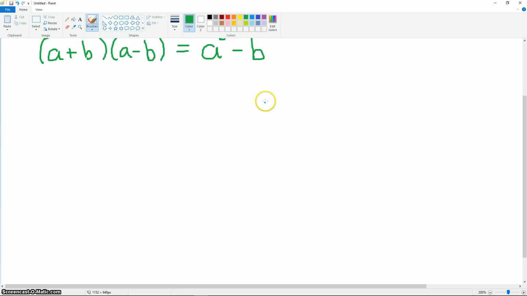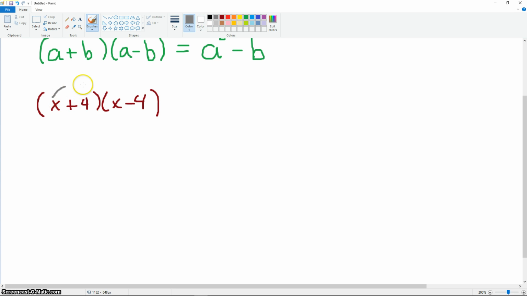Okay, now let's do an example. Let's say you had x plus 4 times x minus 4. And let's say you did not know this pattern of the difference of squares, but you do remember the FOIL concept.